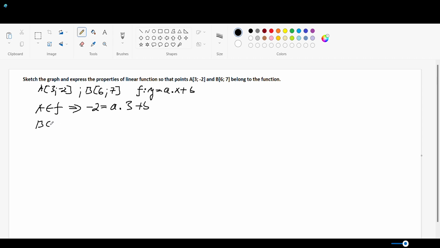And as we know that point B must also belong to the function, from this information we can write the second equation, which will be 7, because this is the y coordinate of point B. So instead of y we again put the number 7, so 7 equals a times 6 plus b.